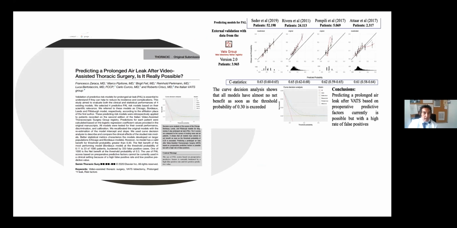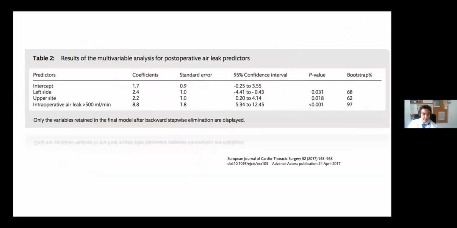So this is our recently published paper that Alex showed us. And I repeat that after our external validation, at the moment, predicting a PAL after VATS lobectomy analyzing only preoperative risk factors is of course possible, but is burdened by a high rate of false positives.